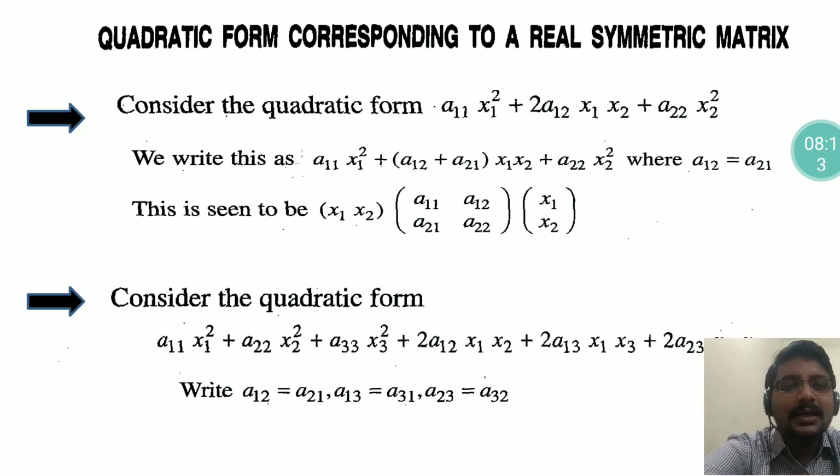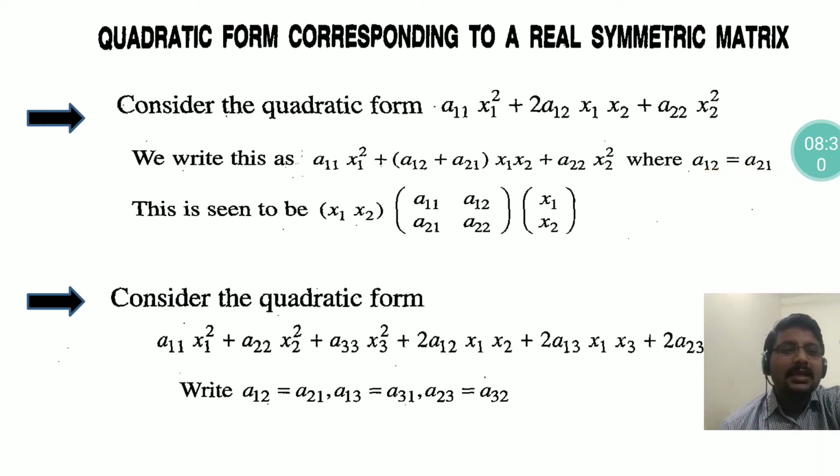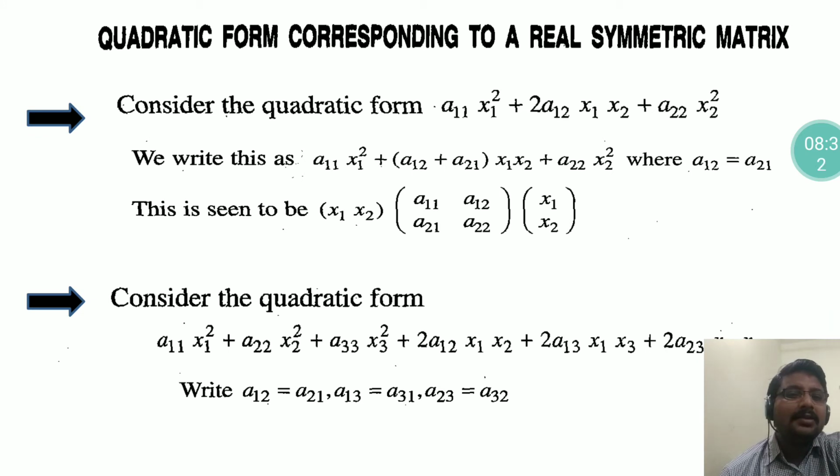Now another form. Consider the quadratic form a11 x1 square plus a22 x2 square plus a33 x3 square plus 2a12 x1 x2 plus 2a13 x1 x3 plus 2a23 x2 x3. We can write a12 as a21, a13 as a31, a23 as a32, because we are forming a real symmetric matrix.